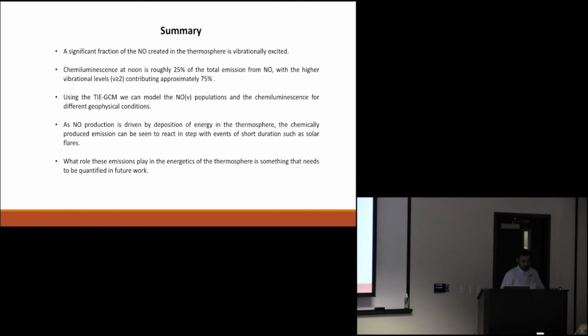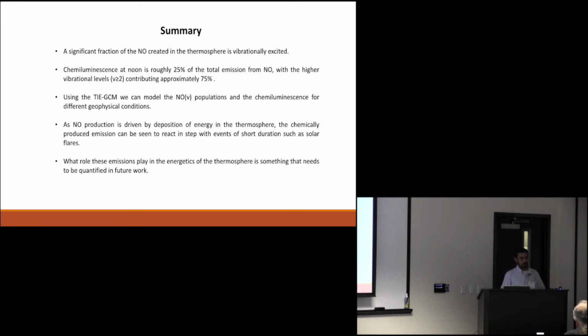In summary, a significant fraction of the NO that gets created in the thermosphere is vibrationally excited. Chemiluminescence at noon near the equator is about 25%. Using the TIE-GCM, we can model these populations pretty accurately.